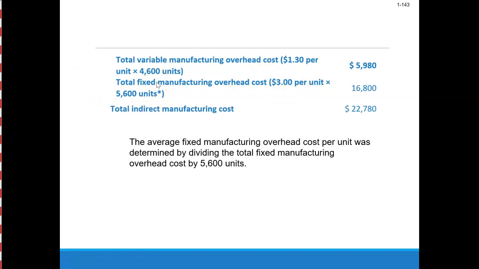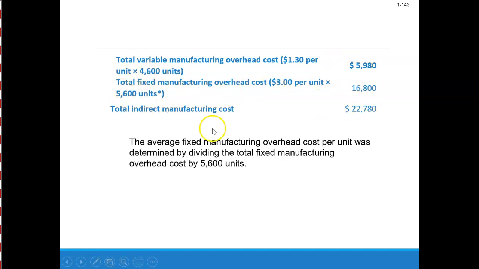Why? Because it's fixed anyway. It's not going to change. Remember, fixed costs aren't changing. Okay? So when we come up with the variable manufacturing overhead, we're going to take the $1.30 times our 4,600 units that we produced. But we still need to take all the fixed manufacturing overhead, don't we? Because they're not going to vary per unit. We're going to still have to take all of them.